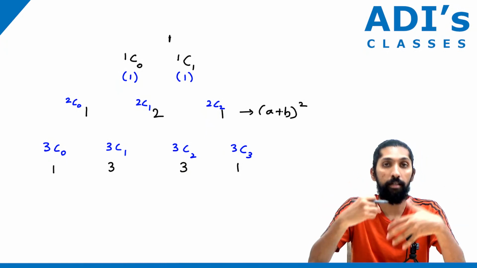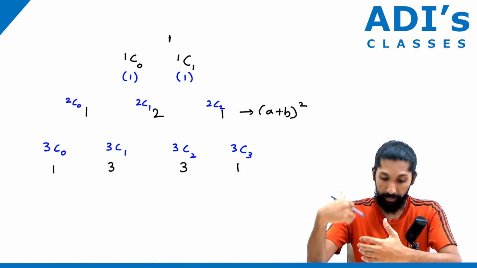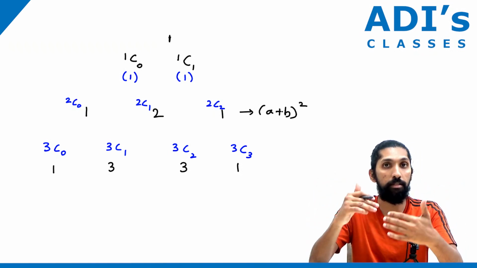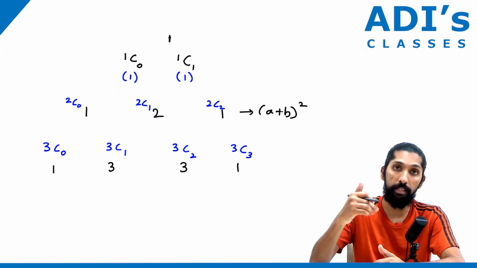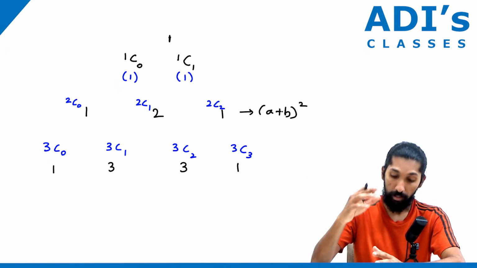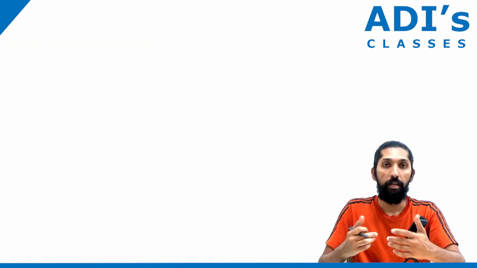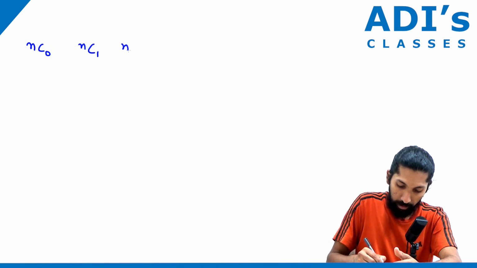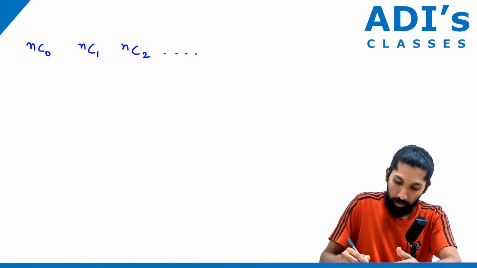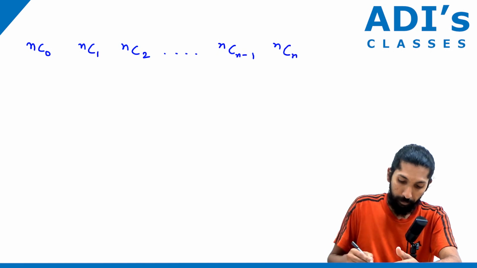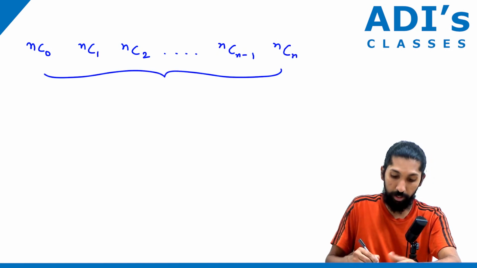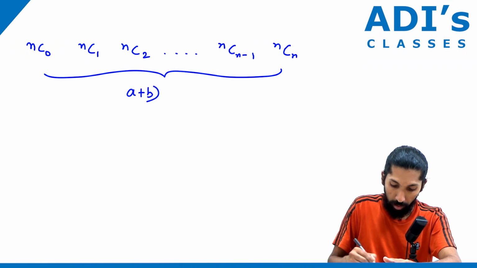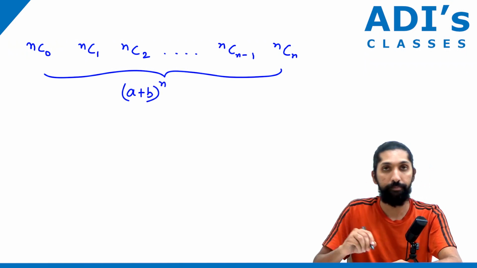So to expand and understand the coefficients, we say nC0, nC1, nC2, nC3, and so on till nCn. Clear? We can write it as nC0, nC1, nC2, and so on, nC(n-1), nCn. So these are all the coefficients of the (a + b) whole power n expansion.